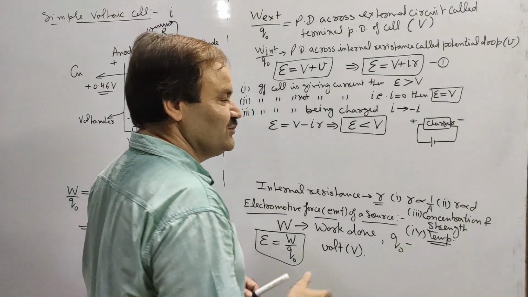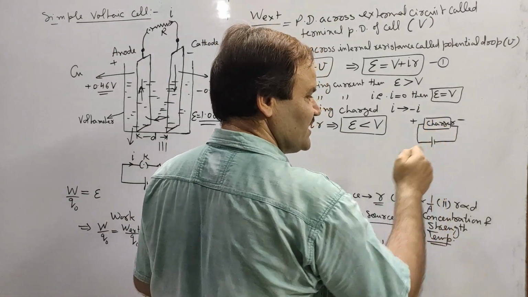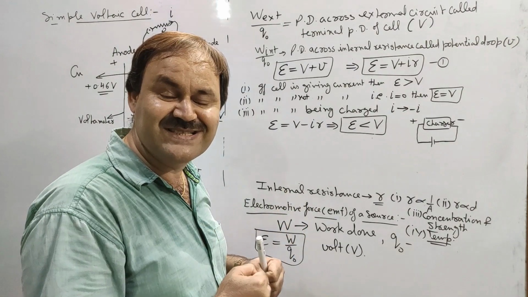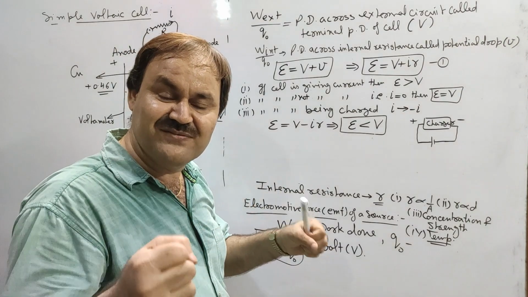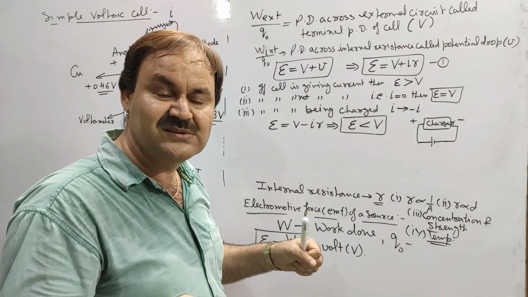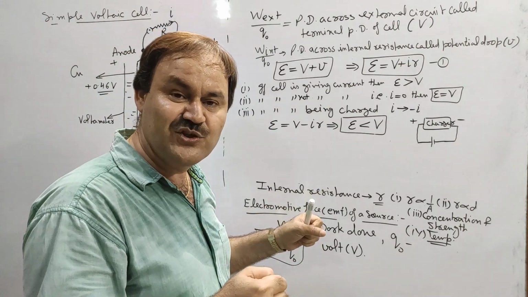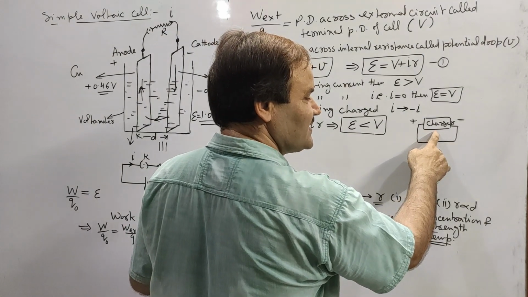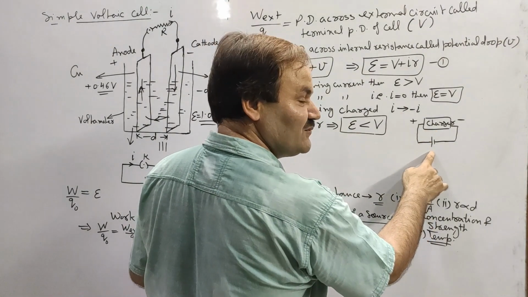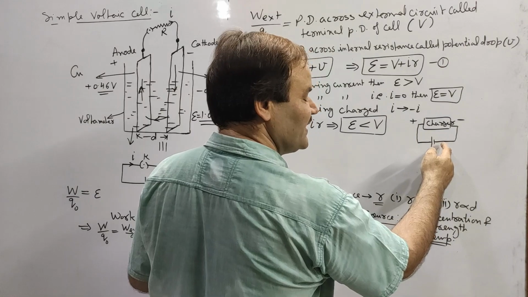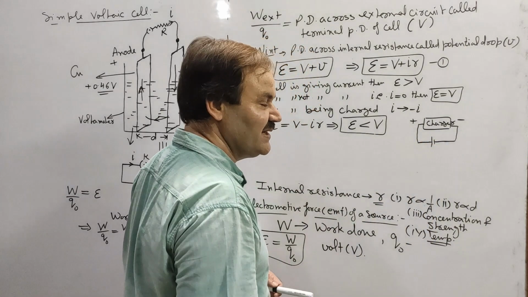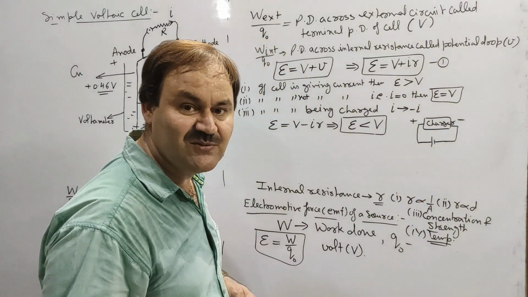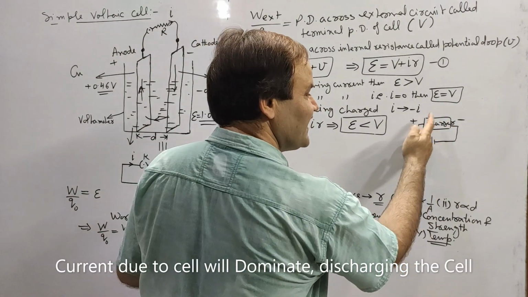It means both the sources, charger as well as cell, are connected in opposite signs, and the one which is stronger will dominate. It means if the EMF of the charger is more than the EMF of the cell, then it will make current flow through the cell, and if the EMF of the cell is more than the EMF of the charger, then the current from the cell will dominate.